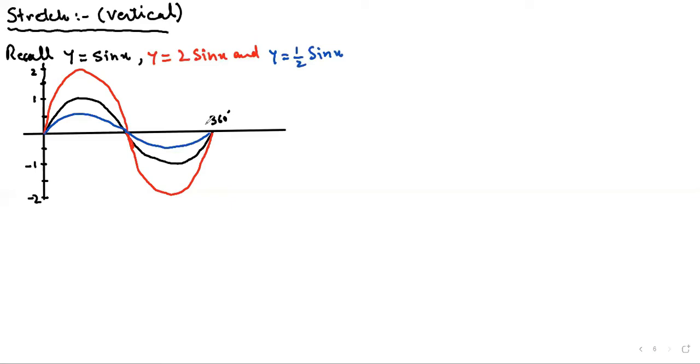If there is sine 2x, the graph will shrink. If there is sine half x, the graph will expand. If there is 2 sine x, we will multiply the y coordinates by 2. If there is half sine x, we will divide the y coordinates. But in the case of sine of 2x, it is reverse: we will divide the x coordinates. If there is sine half x, we will multiply the x coordinates.